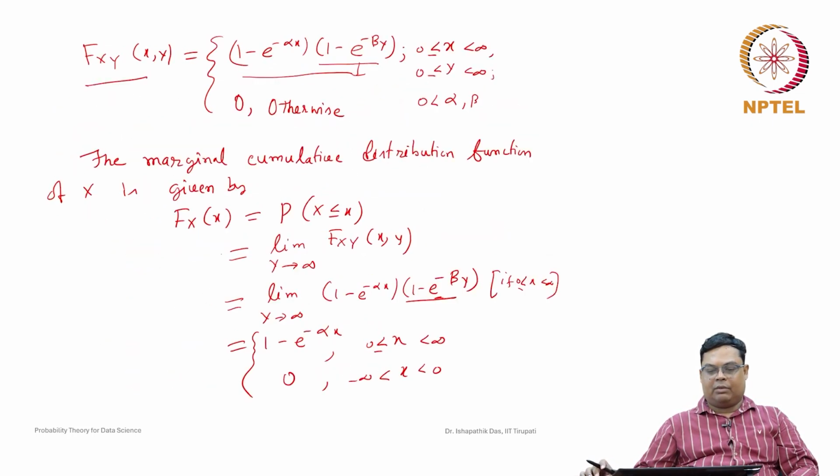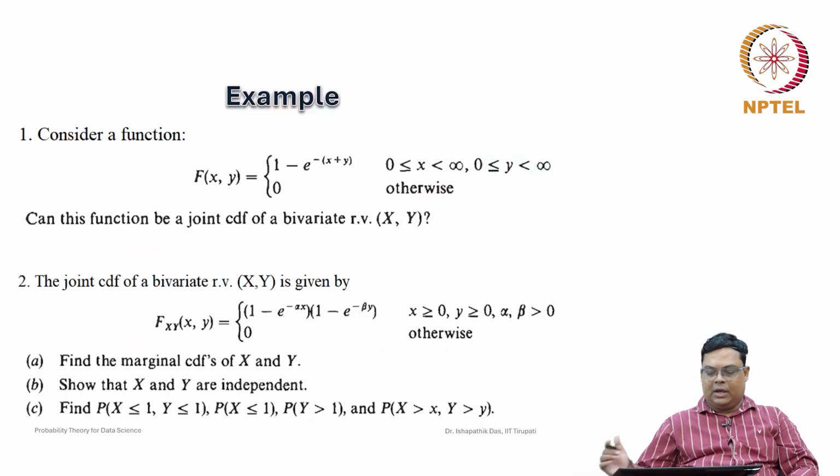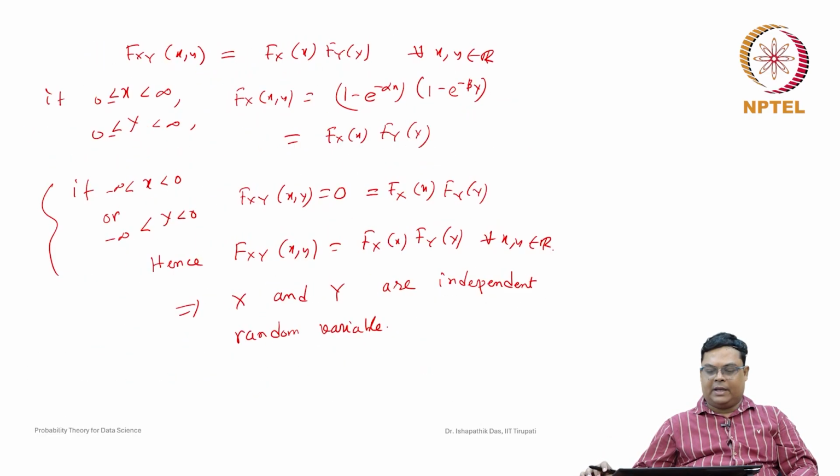So, this is another question. The next question is to find the probability that X is less than or equal to 1 and Y is less than or equal to 1. So, let us find the probability of X less than or equal to 1, comma, Y less than or equal to 1.